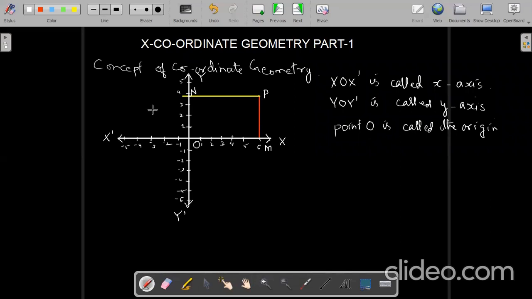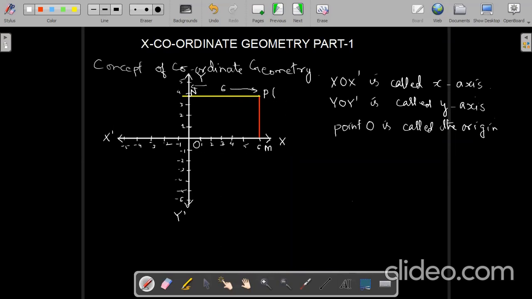So the length of the directed line segment ON is called the ordinate of the point. So you can see it in two ways. Whenever you drop the perpendicular, this length is 6. This length is how much? 6. So this is the distance from the y-axis, or you can say the distance on the x-axis.